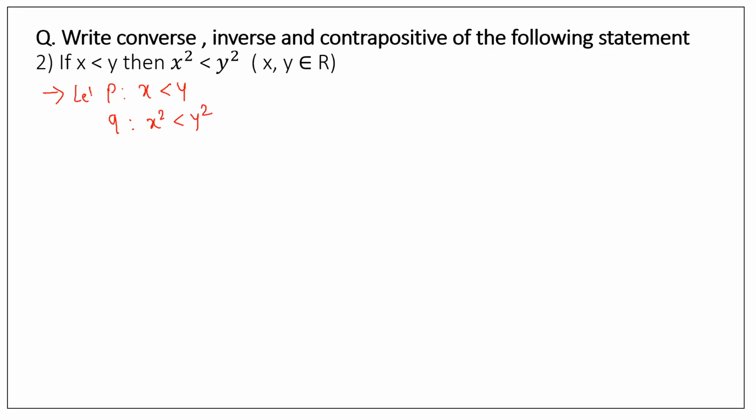So the given statement is P implies Q. Now we have to write the converse. Just interchange this: Q implies P.